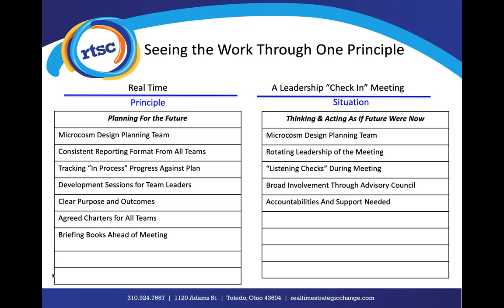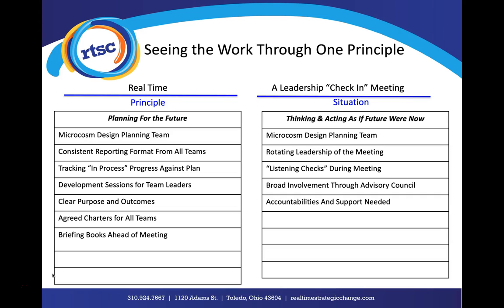Then I have my other pole, thinking and acting as if the future were now, the more unique pole from an RTSC standpoint. Microcosm design planning team actually is one of these high leverage actions. It has to do with planning, but it's also living the future now in terms of who might plan this meeting, the people who are going to be represented at the meeting, and that may be a new best practice that we adopt. Rotating leadership of the meeting may be another best practice we're looking at.